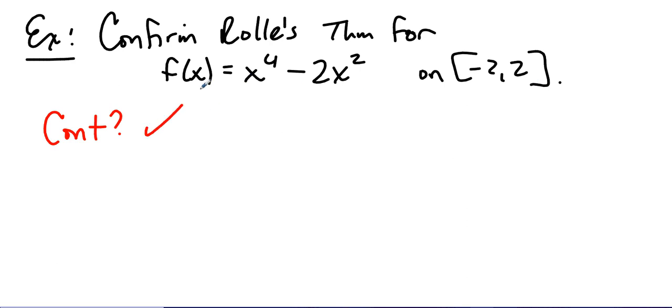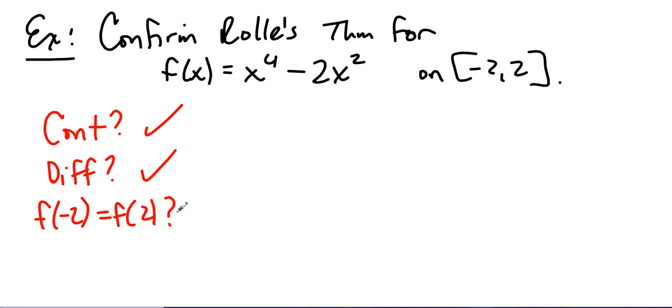Yes, it's a polynomial. Polynomials are continuous. Does the function have a derivative everywhere between -2 and 2? Yes, we can confirm that. Is f of -2 equal to f of 2? Well, yes, we can confirm that. So there has to be some value in between -2 and 2 for which the derivative is 0.